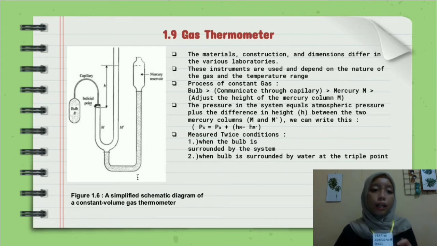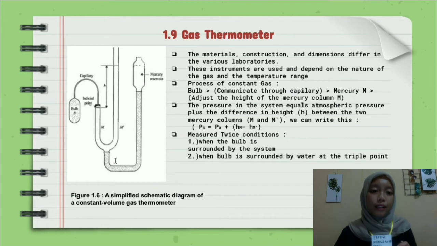Because the gas goes through a process. First, the gas in the bulb B communicates with the mercury M. Before that, the gas is in the capillary. And after the gas reaches the mercury M, the gas adjusts the height H of the mercury column M.